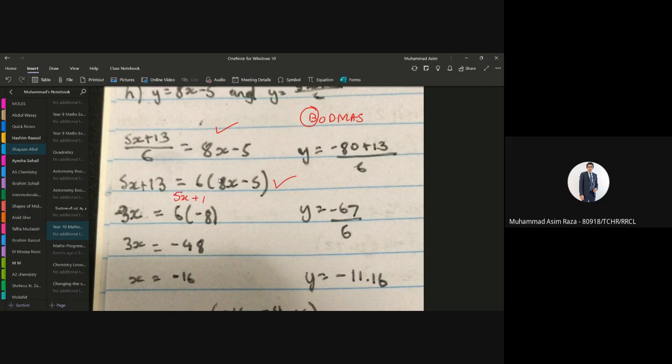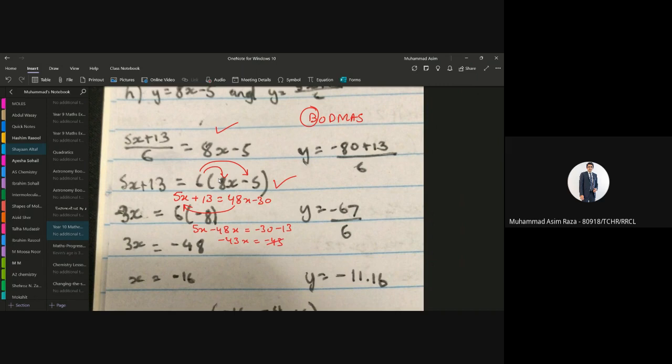When you do it, it will become 5x plus 13 is equal to 6 multiplied with this one, which gives 48x. Then 6 times minus 5 will become minus 30. Now take 48x over here. So it will become 5x minus 48x is equal to negative 30 minus 13. So this is negative 43x, equal to negative 43.